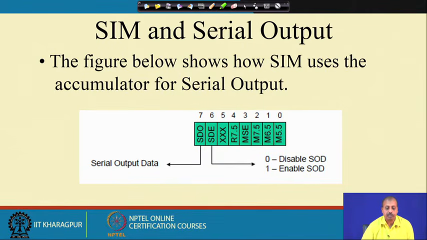Just to recapitulate, in SIM, accumulator bit 7 holds the serial data output, and there is the SDE, serial data enable. If the serial data enable is equal to 1, then whatever value is available in the SDO, that is bit number 7, will be put onto the serial output data in the SIM instruction.